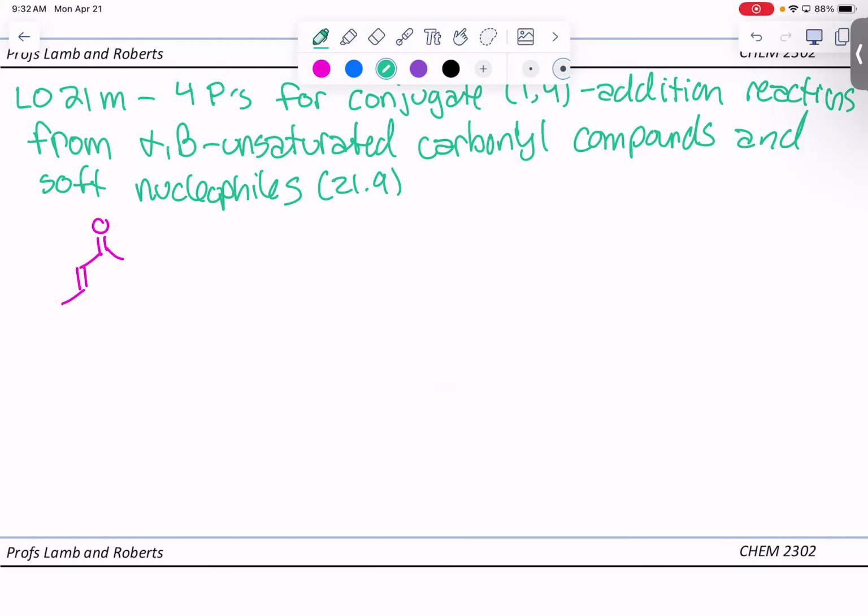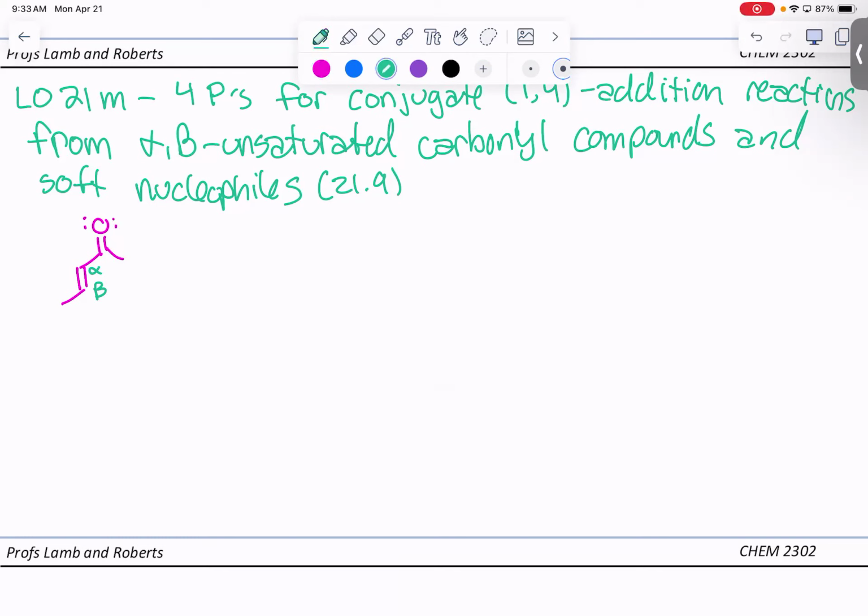So we've already established earlier today, actually a long time ago, that we call this the alpha and beta position. So we can say this is an alpha, beta, unsaturated, meaning it has a double bond in it, carbonyl compound. Okay, so that checks out.